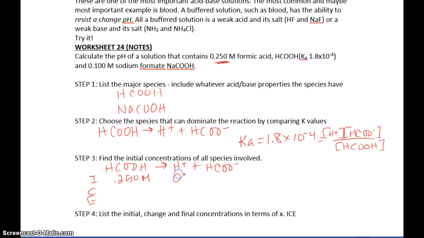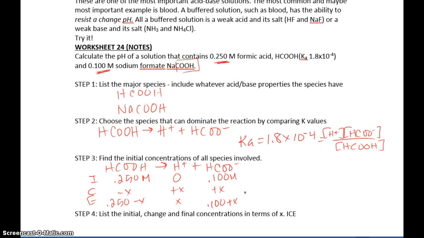I have 0 hydrogen, and I have 0.1 molar of the sodium formate, which is going to contribute this COOH portion. It's just sort of rearranged depending on which hydrogen you take off. It's the same thing. Minus X, plus X, plus X. 0.250 minus X, X, and 0.100 plus X.